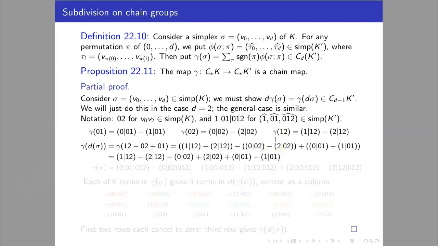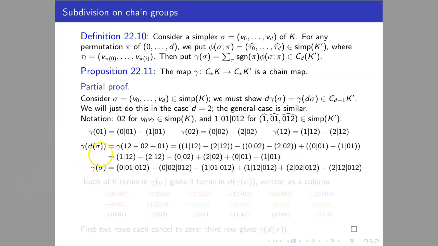Okay, so then we just tidy this up a little bit. There's actually not any cancellation going on here. The only thing we really need to do is to say we've got a minus 0 bar 0, 2, and then you get a minus and a minus, so that becomes plus 2 bar 0, 2 there. And everything's the same. Okay, so that's our gamma D sigma.